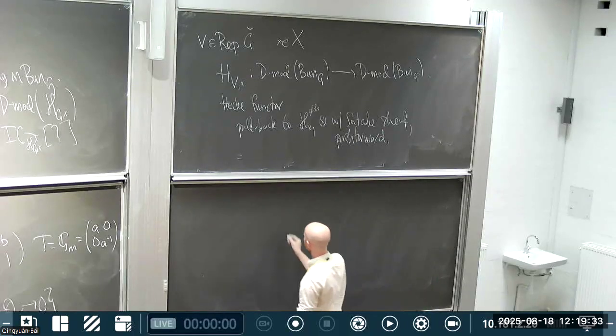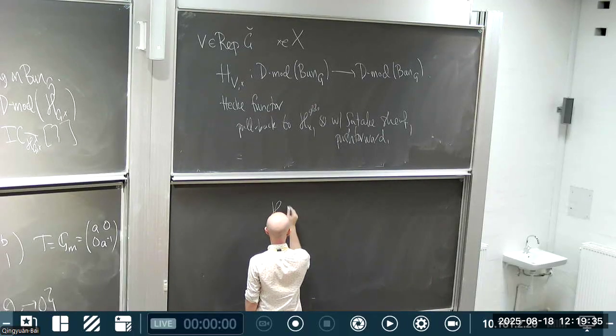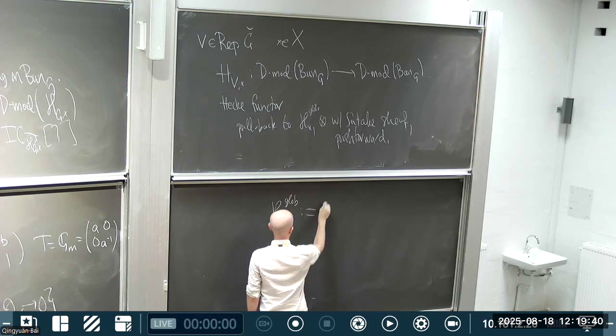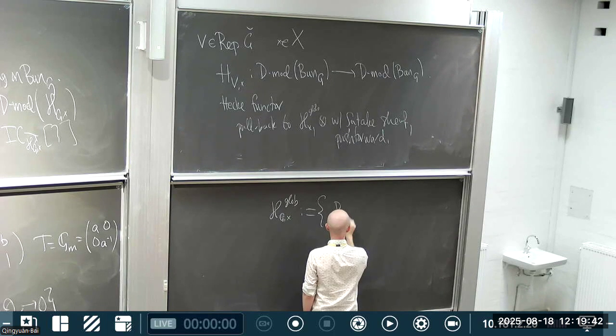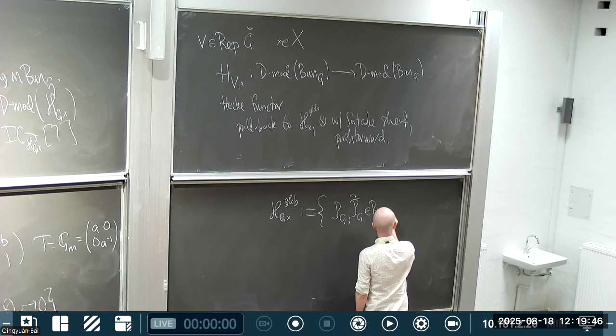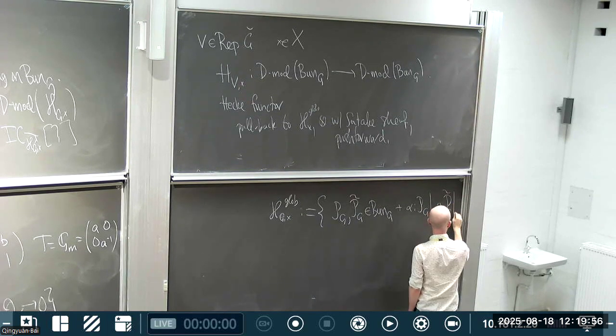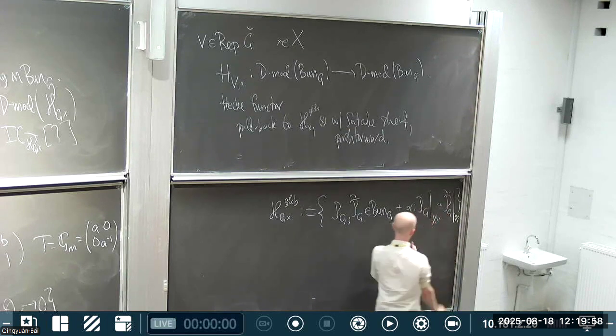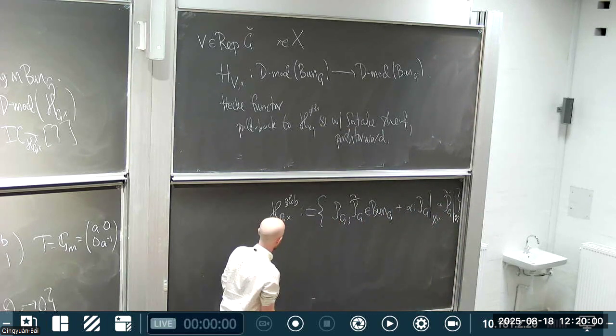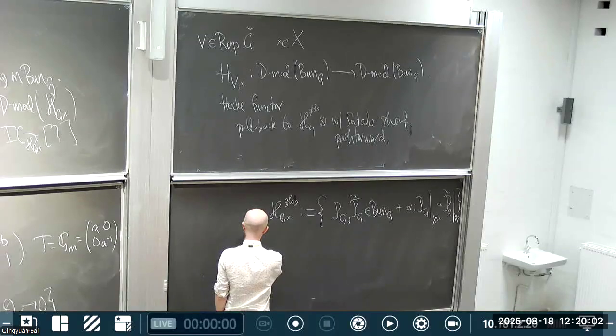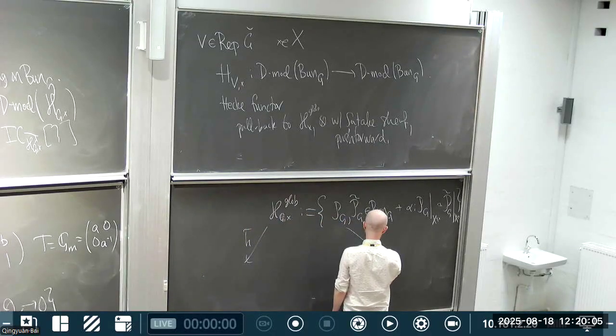So here's the setup. There's this global Hecke stack for G and X, which is by definition the set of pairs of bundles plus an isomorphism between the restrictions to a punctured curve. It has the following structure.